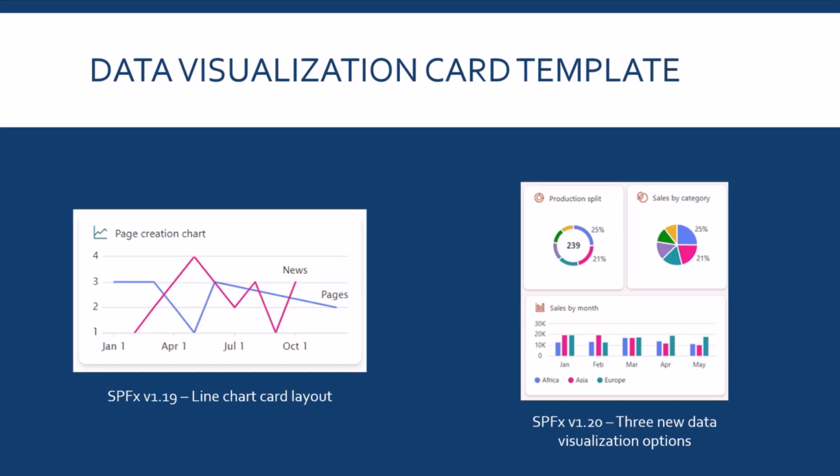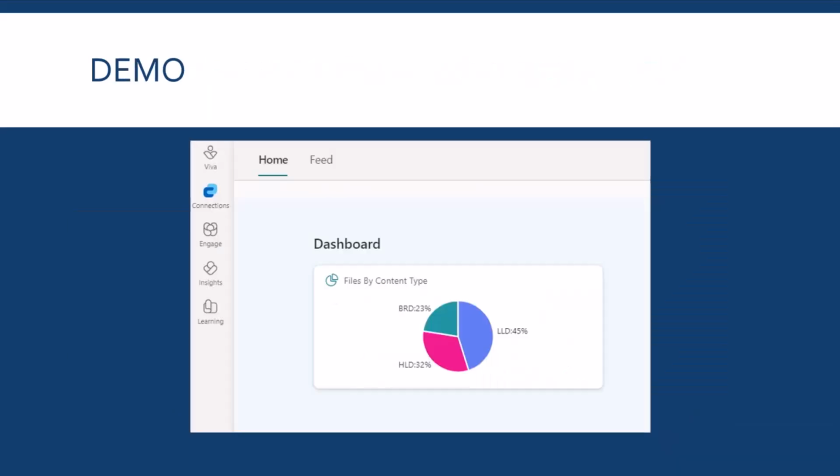Then with SharePoint Framework version 1.20, which has been generally available for a few days now, I think, we have 3 more new data visualization options, which are the bar chart, the donut chart, and the chart that we are going to see today, the pie chart. So let's move on to the demo.